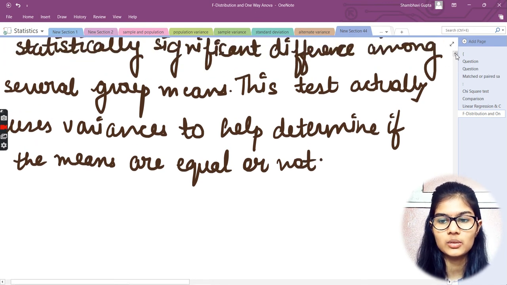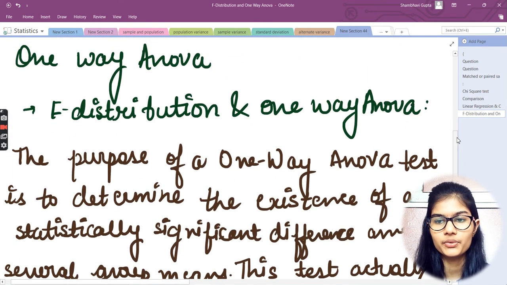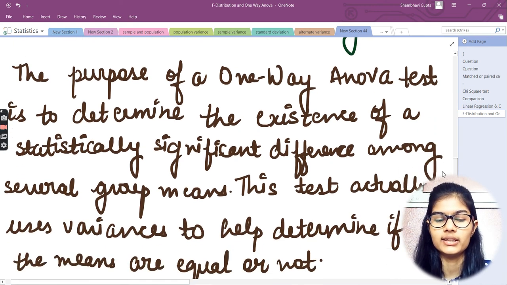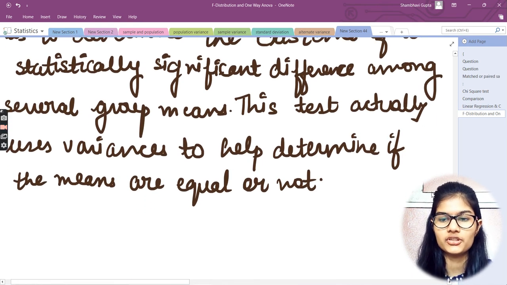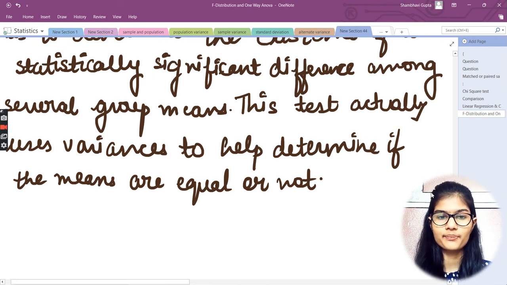So this is, I could say, another purpose of the one-way ANOVA test, that it uses the variance and helps to determine if the means are equal or not, right?